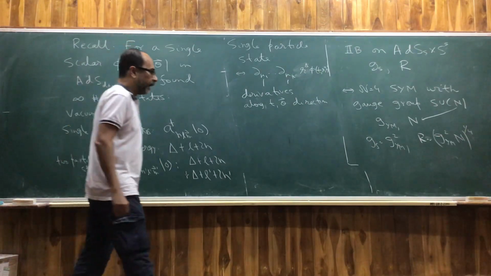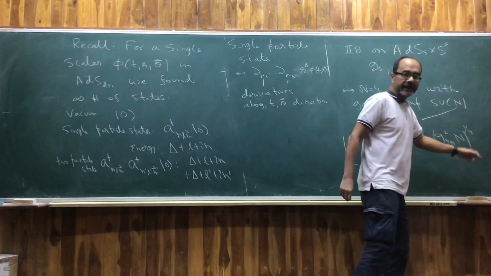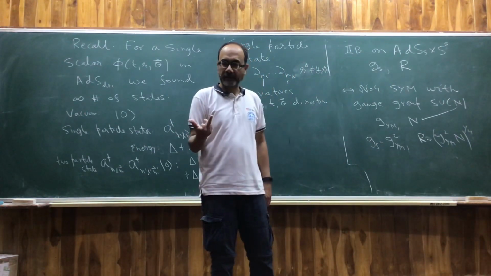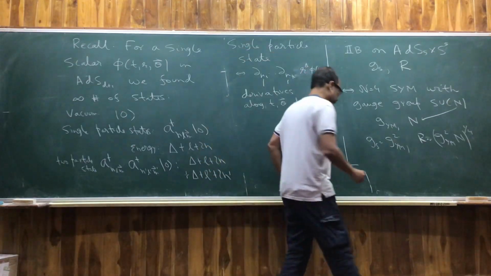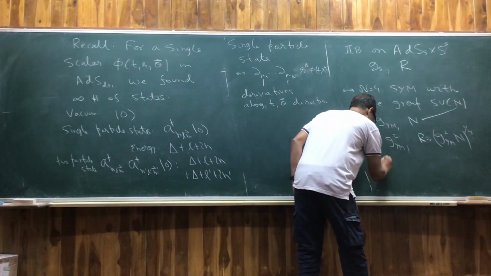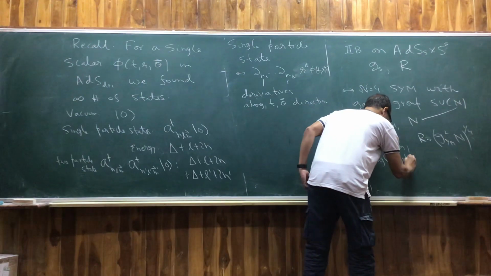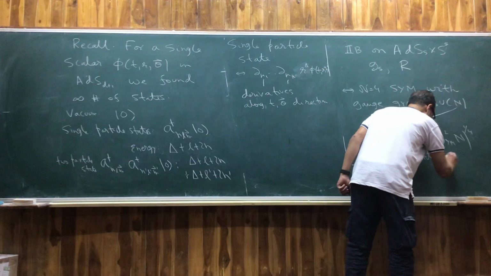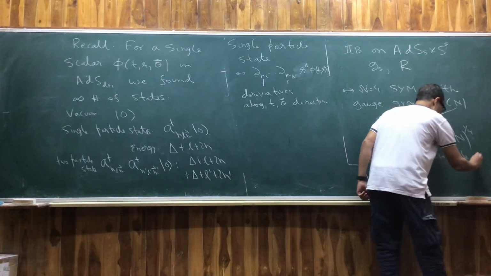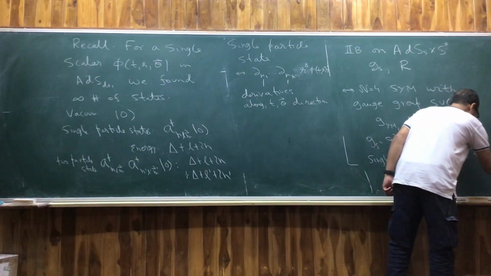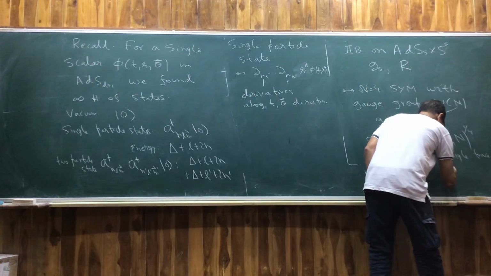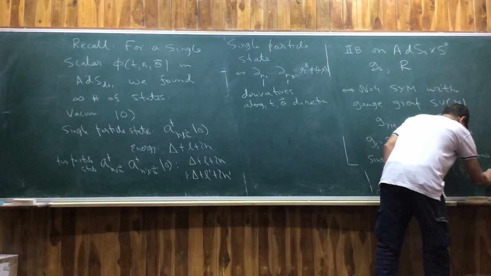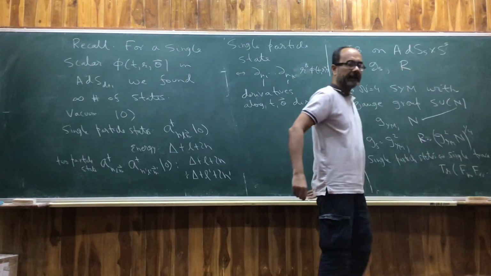Those are provided on the Yang-Mills side by the number of traces that we take on the operator. Let me just give some rough example. Single particle states correspond to single trace operators, that's the trace of F mu nu, F rho sigma, etc. One example, one trace only.